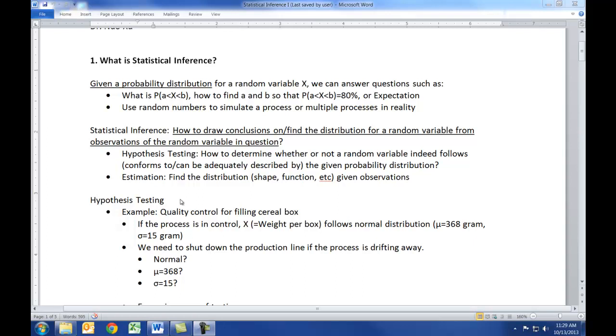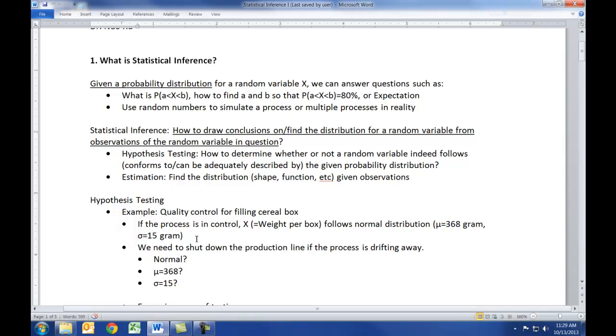We'll first look at hypothesis testing. We'll use an example in quality control, which is about how to monitor a cereal box filling process. So if the process is in control, the weight of each cereal box follows a normal distribution with a mean of 368 grams and a standard deviation of 15 grams.